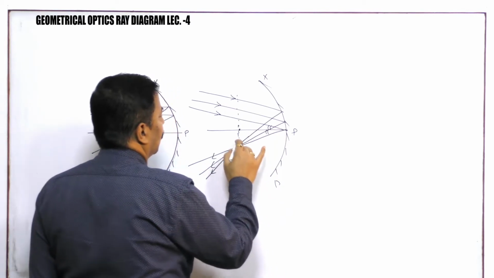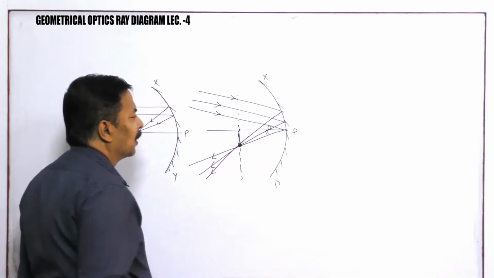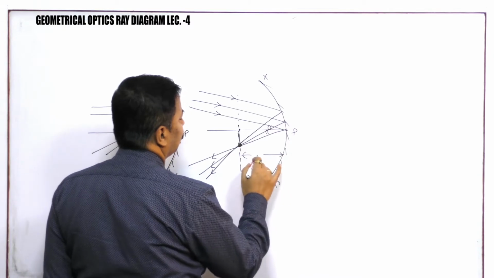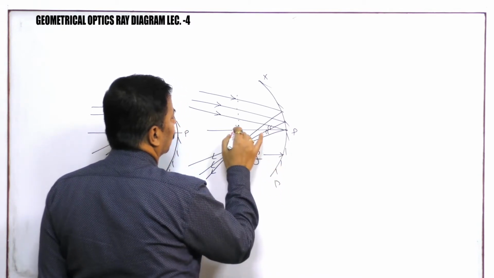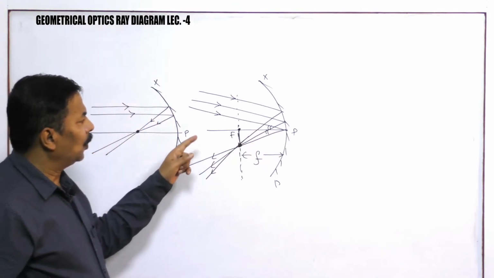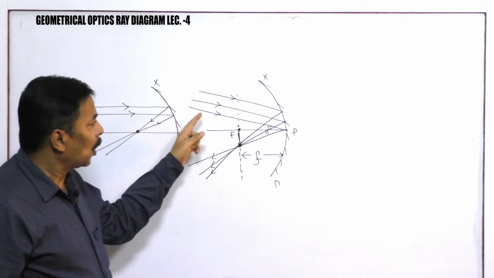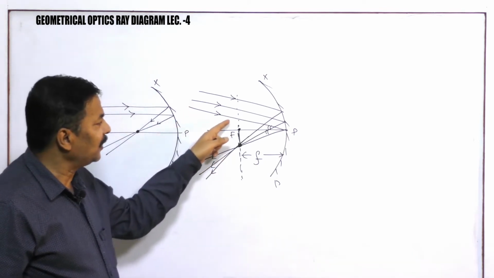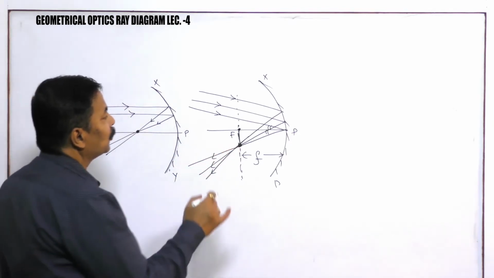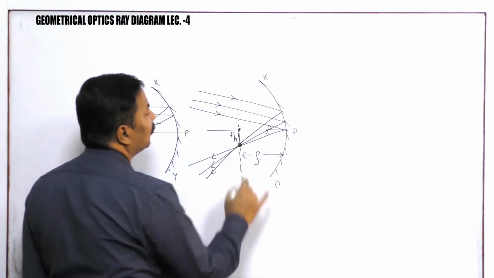This distance is your focal length, and this point is your F. So if the rays are parallel but not parallel to the principal axis, then they meet at a point in the focal plane. Now what should be the height of this? What should be this distance?